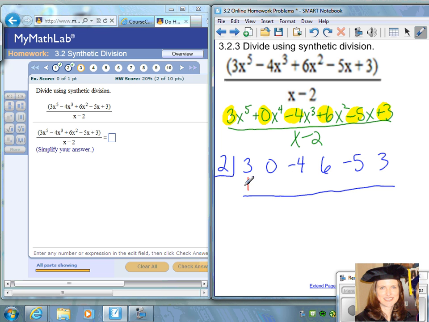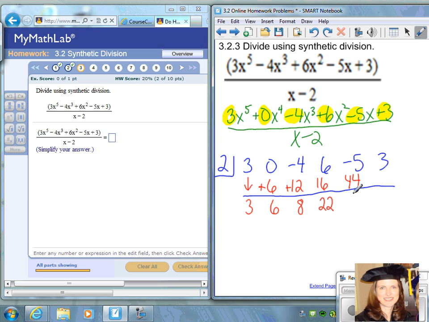Okay, the first number after the box, 3, you're going to bring down, and then 3 times 2 will give you 6. 0 plus 6 gives you a positive 6. 6 times 2 is 12. Negative 4 plus 12 is 8. 8 times 2 is 16. 16 plus 6 is 22. 22 times 2 is 44.